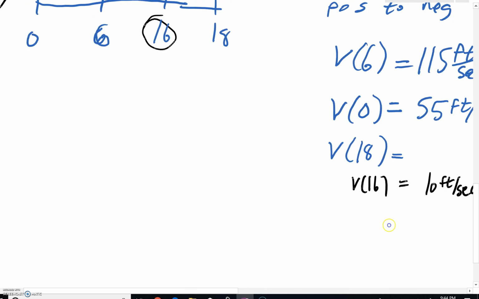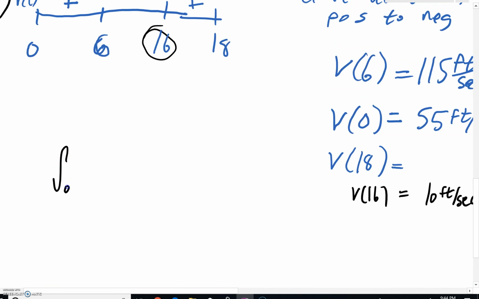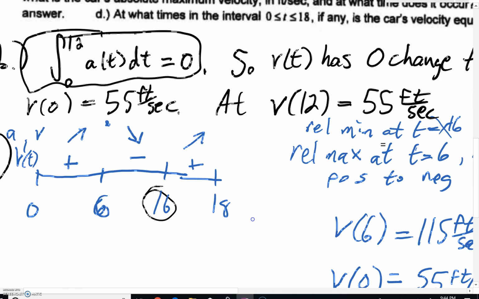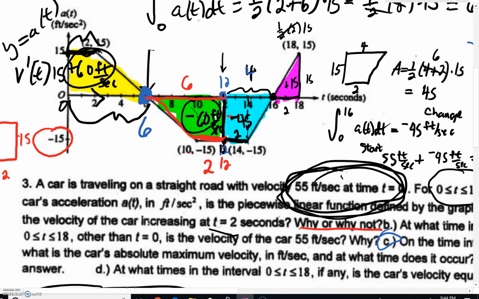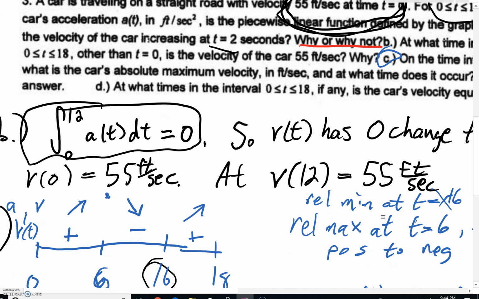Look, I'm going to bring this back down here. We can say from 0 to 18, which is the change in velocity from 0 to 18, we can see if we went back up here, we had a 60 and a negative 60. These wipe out, don't they? They're completely gone. And we have a negative 45 and a 15. Well, if you add those two up, negative 45 plus 15, you can see it's negative 30.